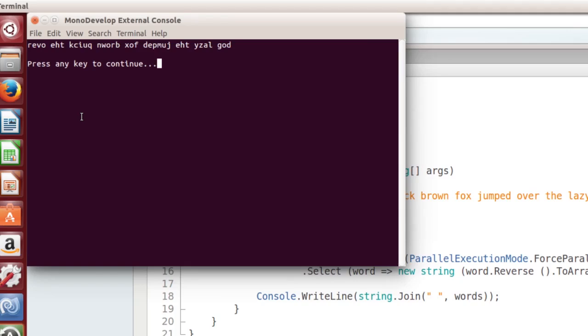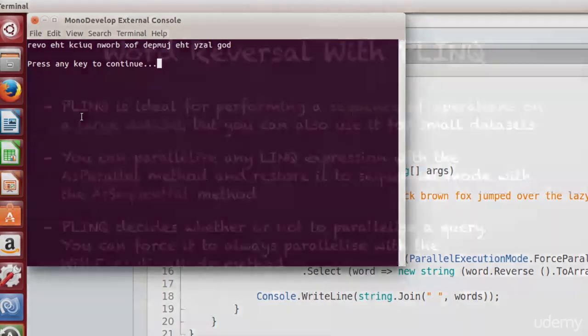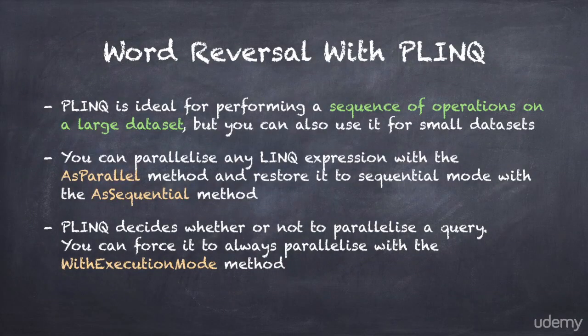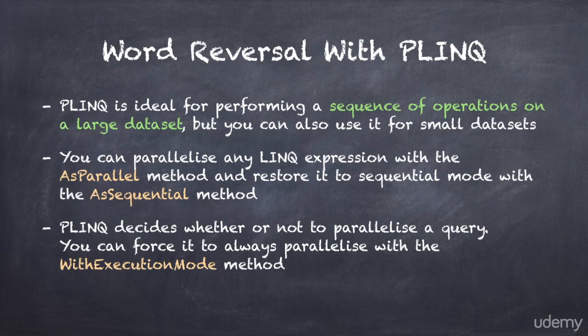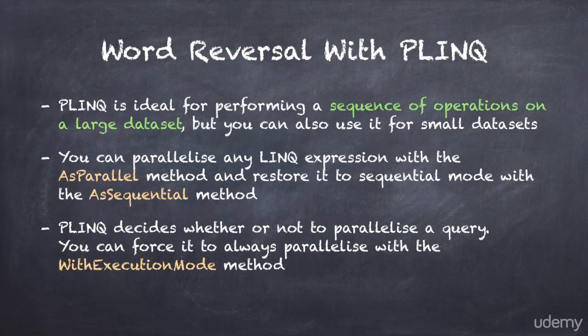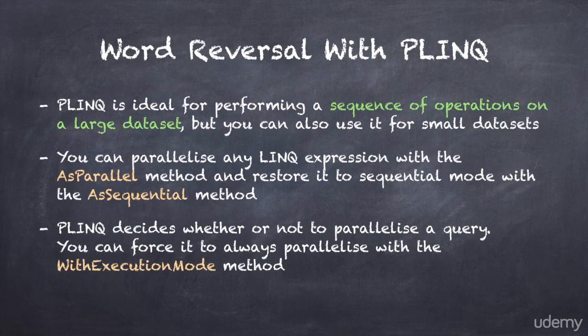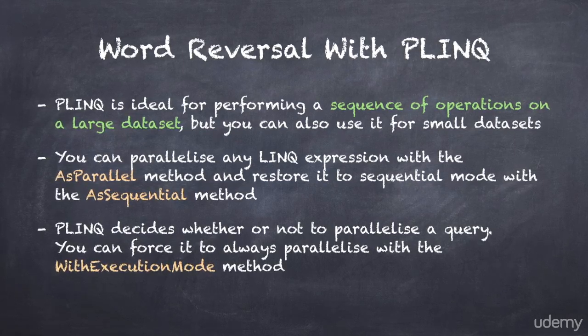Okay, so what have we learned in this lecture? Parallel LINQ is ideal for performing a sequence of operations on a large dataset, but you can also use it for small datasets.